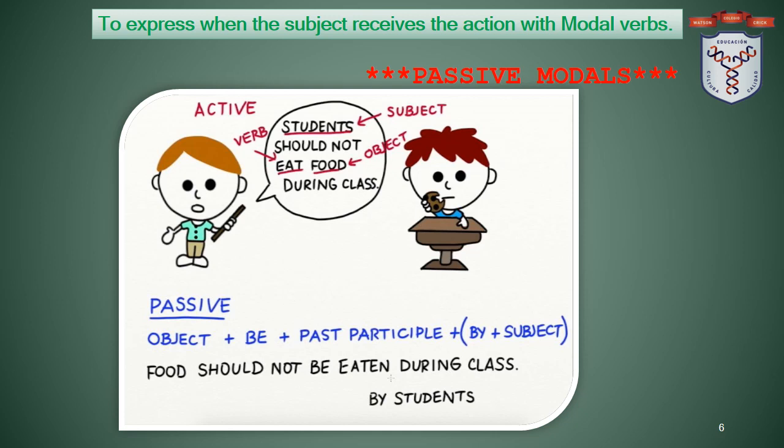Food, we put at the beginning of the sentence. Later, we need the verb to be, past participle, and the subject. Food should not be eaten during the class. We use the object, the modal verb, the verb to be, and we change the verb into past participle.